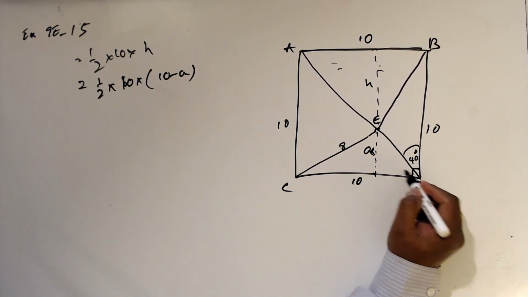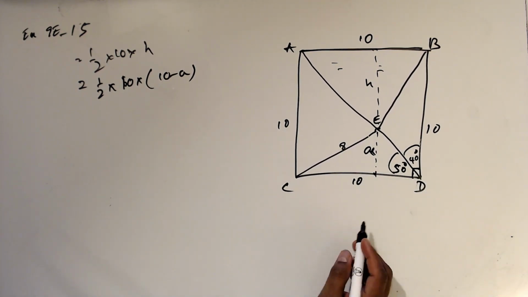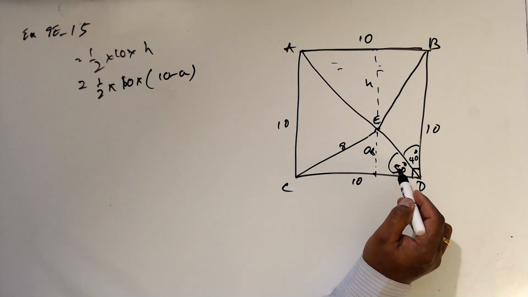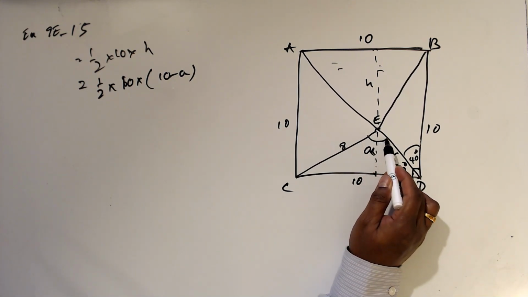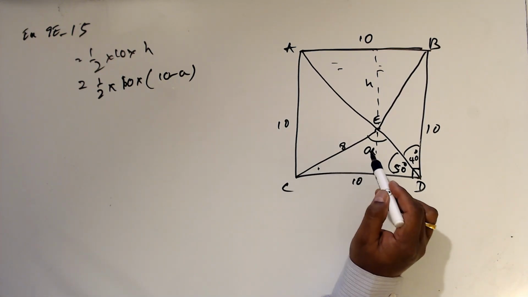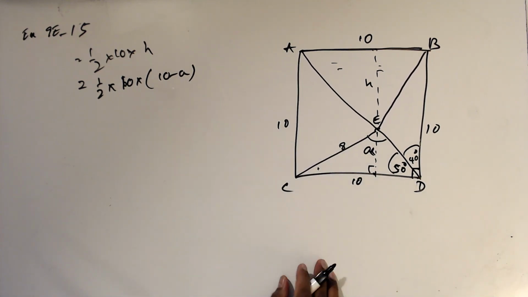So I'm going to find A. This is 90 degrees, this is 50. I can use sine rule 8 over sine 50 to find this angle. Then 180 minus, then I know this angle. Then since this is perpendicular, we can find. So that's the plan.